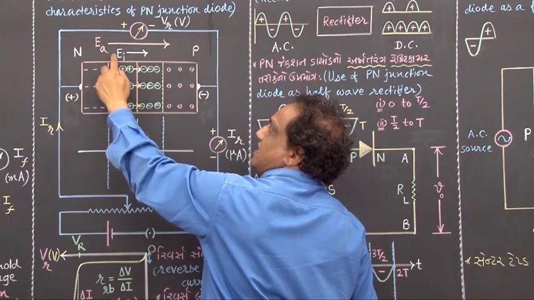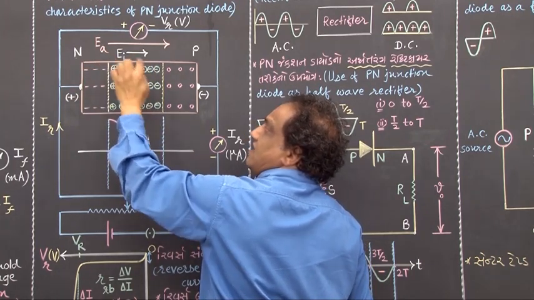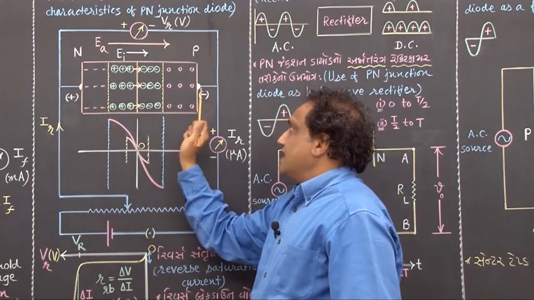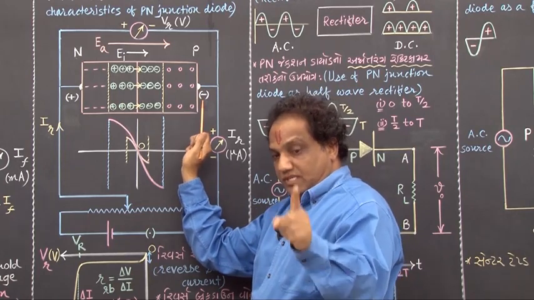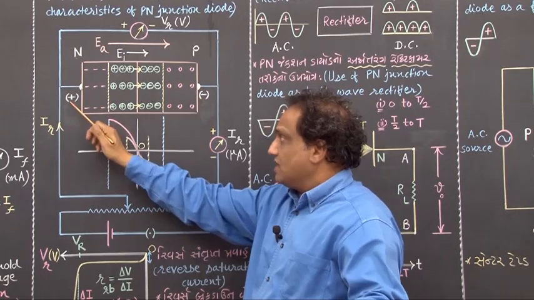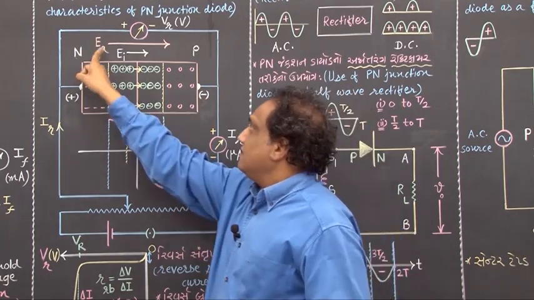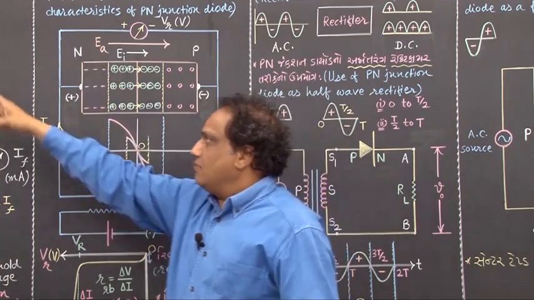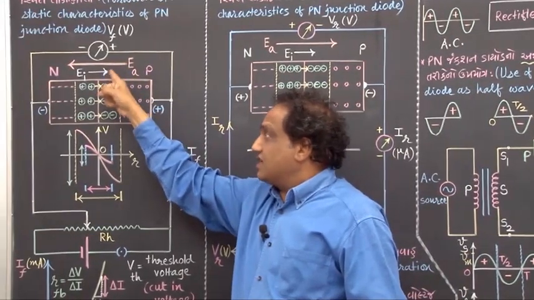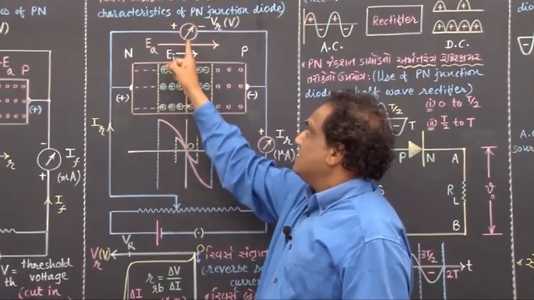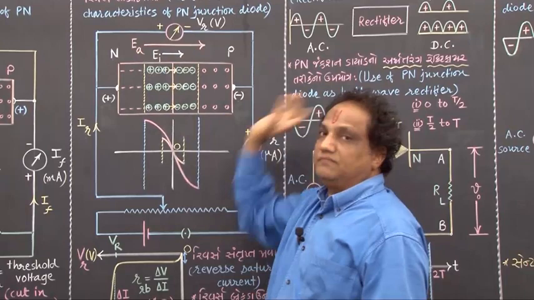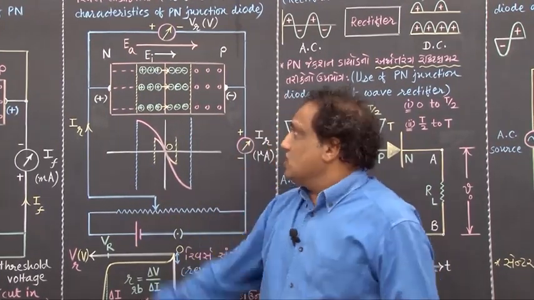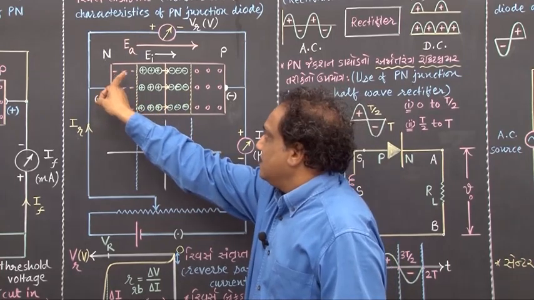That is what I am showing here, EI, the electric field inside the depletion layer. But now this end is positive, this end is negative. So you are applying some external electric field from positive to negative this way, correct? That is the applied electric field. Here both these fields were in opposite directions, and here both these fields are in the same direction. Whenever vectors are in the same direction, you should add them. So the resultant electric field is in this direction.